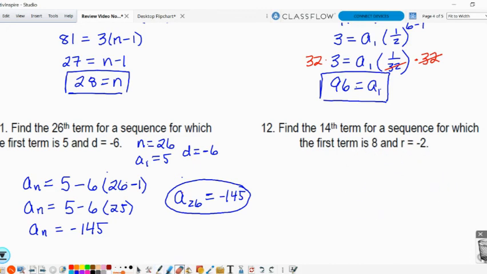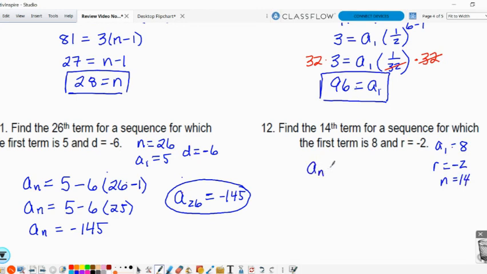And on to number 12. This is a geometric sequence because we see a common ratio, and we'd like to find the 14th term. Labeling what we know, the first term is 8, common ratio -2, and our n value is 14.